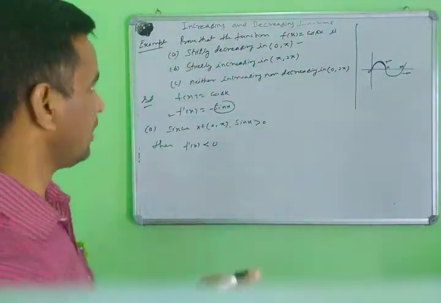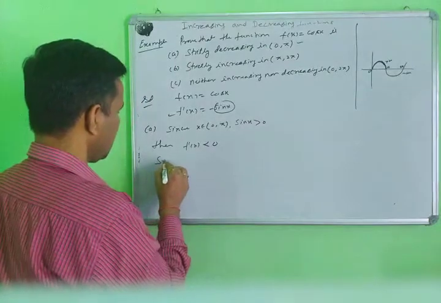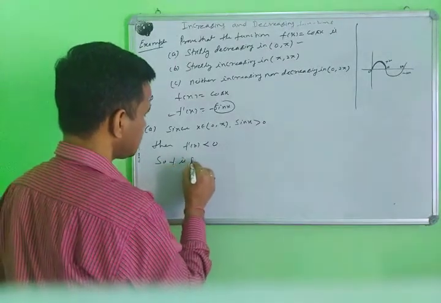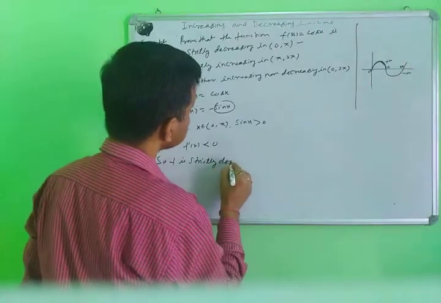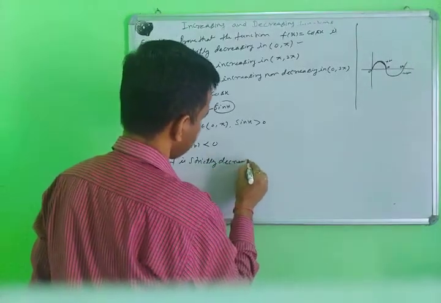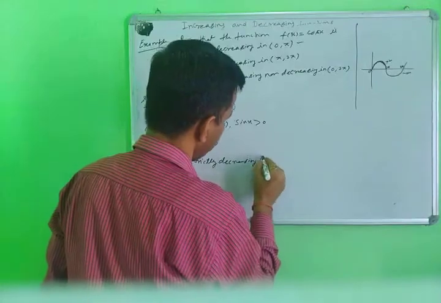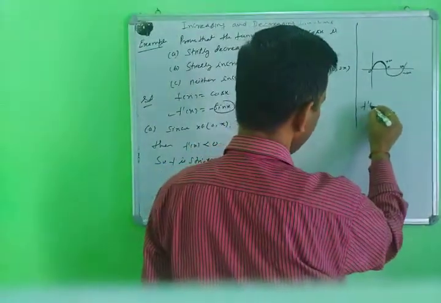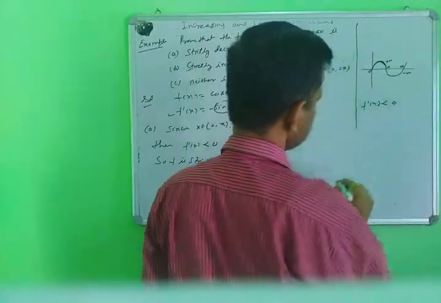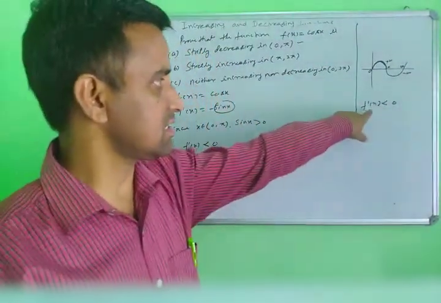This is the condition of strictly decreasing, so you can write f is strictly decreasing, because the condition of a decreasing function is f dash x less than 0.